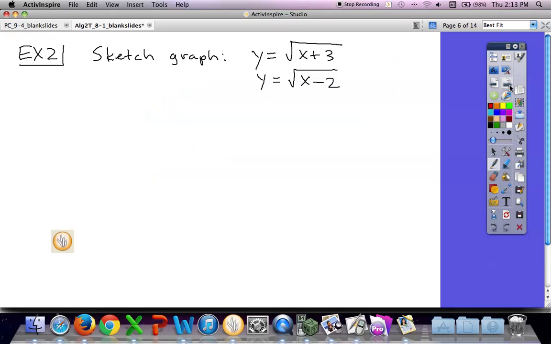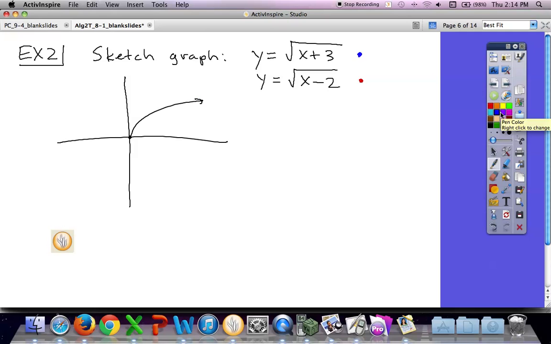Okay, we'll do the same thing for these. This will be our red. This one will be our blue. We'll put on our parent function, which is this. And then the blue one, how do I shift it?